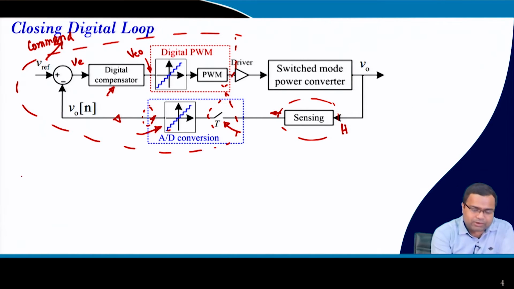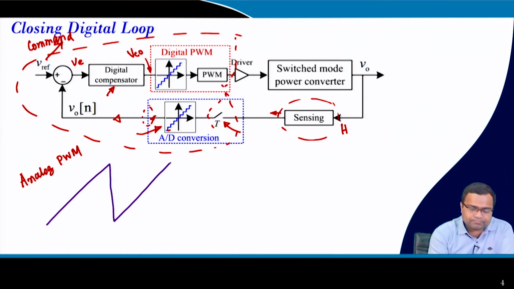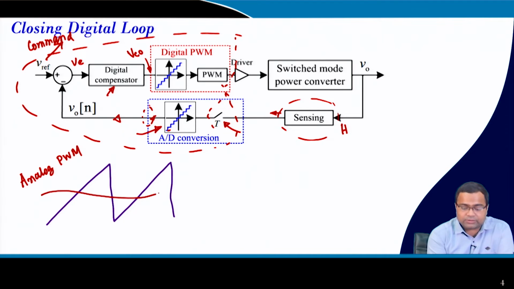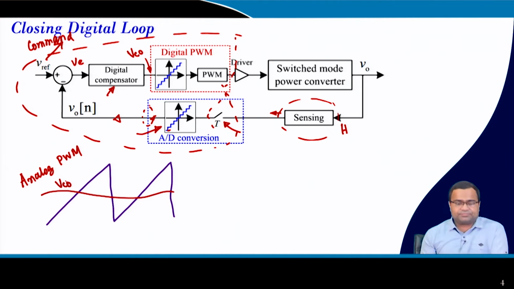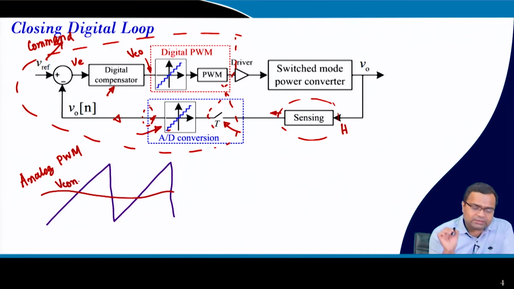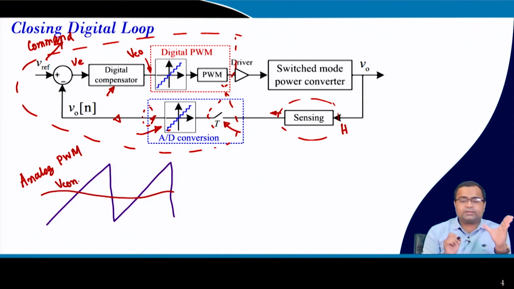For example, if we talk about analog PWM, in analog PWM we have a sawtooth waveform like this, and then we have a control voltage like this. So, this is my control voltage in case of analog. Okay. Let us say, just to be specific, control voltage for analog.